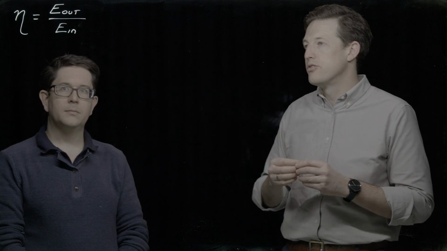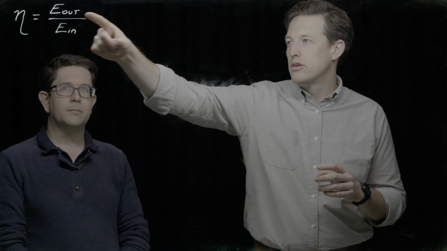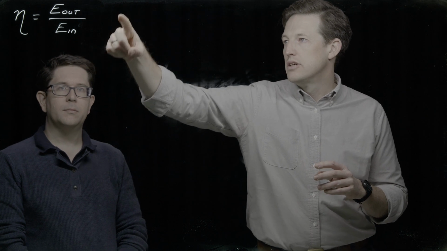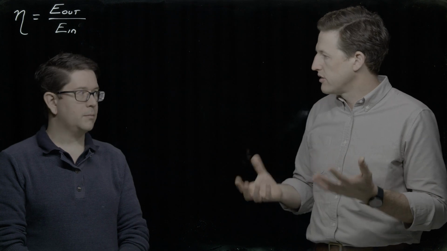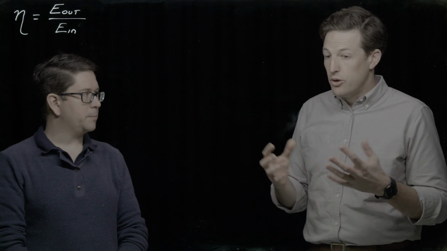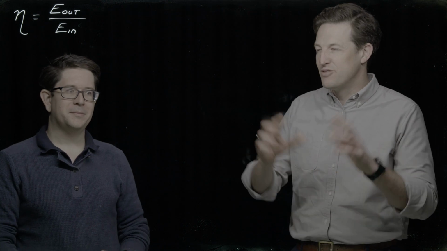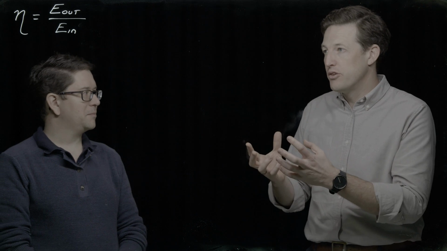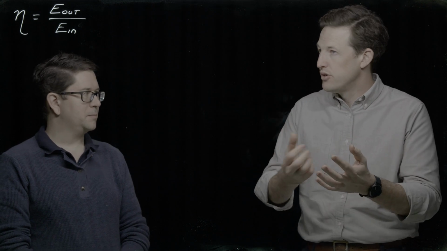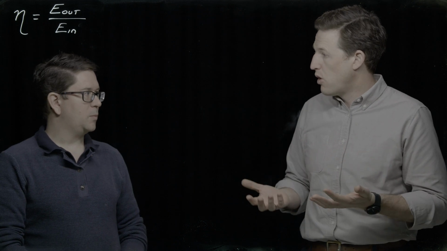This equation is really talking about how well we capture the energy in, and how much energy we're getting out. That's the efficiency. In a perfect world, one that defies all the laws of physics, we could have all the energy from the sun being captured and converted into an output, and then we would have an efficiency of 1.